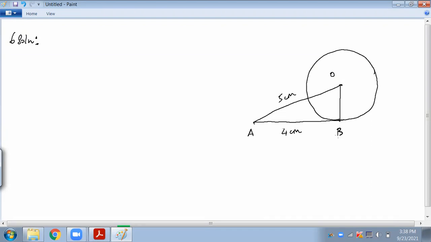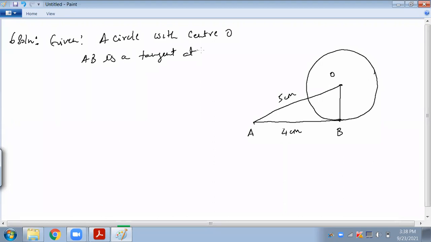So we are taking AB as a tangent at B, and it is told in the question that the length of the tangent from the point A to the circle is 4, and the point A is at a distance of 5 from the center O. So given is a circle with center O. AB is a tangent at B. AO is given 5.